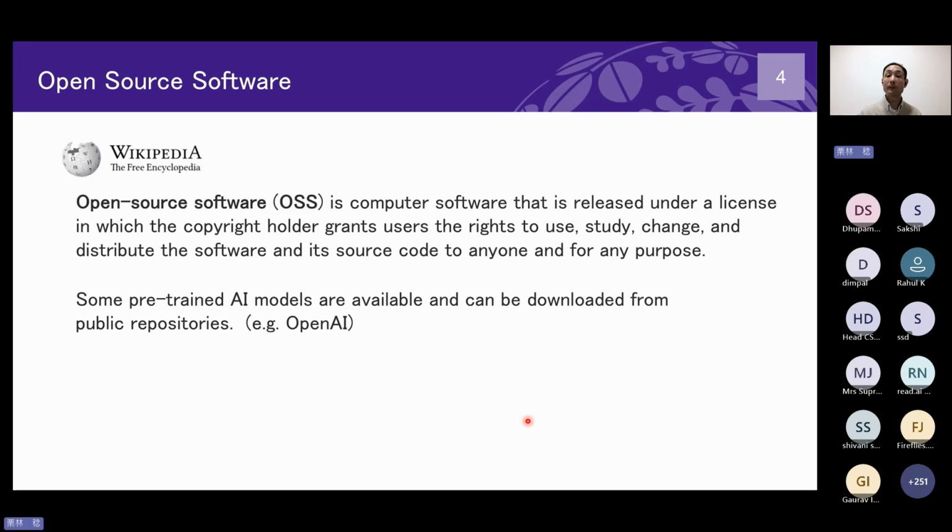OpenAI is providing software like pre-trained AI models to everyone. So everyone can easily download the pre-trained models from the OpenAI server, and then the pre-trained AI models can be modified according to the user's interest. So there are two directions of development of AI models in the world.